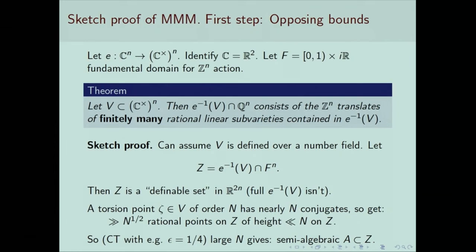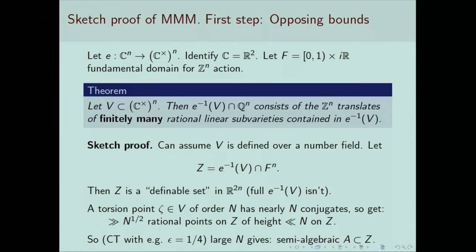So if you've got one point like this on V, it gives you a rational point inside this Z, and the rational point has height at most n, because it's a rational number in [0, 1) whose denominator is at most n. On the other hand, it has nearly n, so certainly much more than n to the half, conjugates.